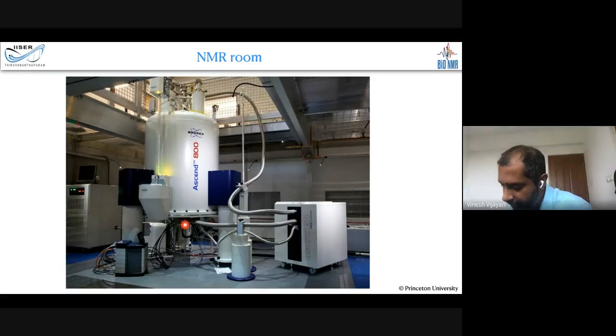Probe here. This part is called a cryo unit, which is useful in cooling down your probe such that your noise becomes very small. The noise that Bharat was mentioning about, signal to noise, was mainly electronic noise.